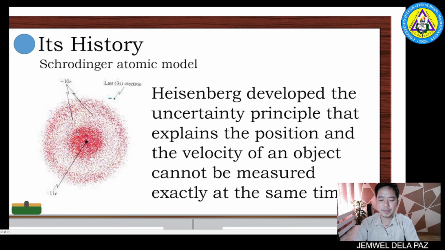Heisenberg developed the uncertainty principle that explains that the position and the velocity of an object cannot be measured exactly at the same time. That is why we can only predict the position of a given electron with a high level of uncertainty.